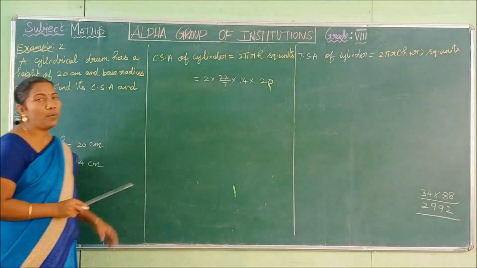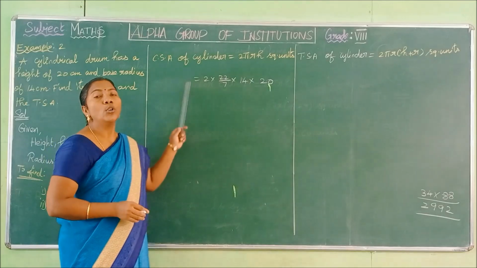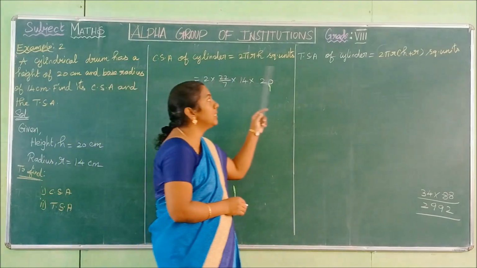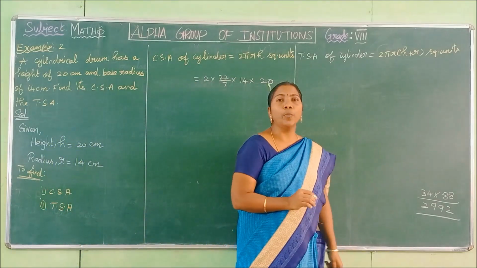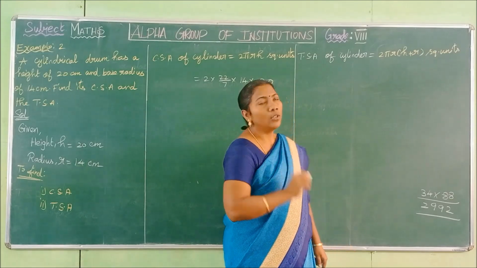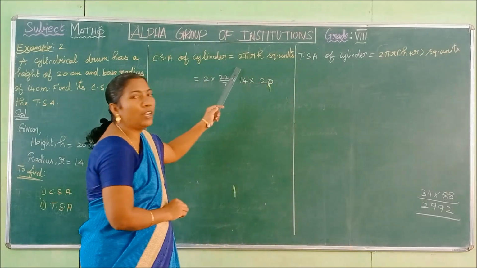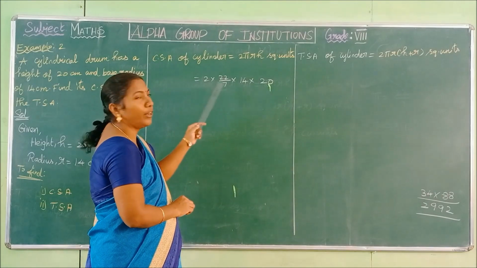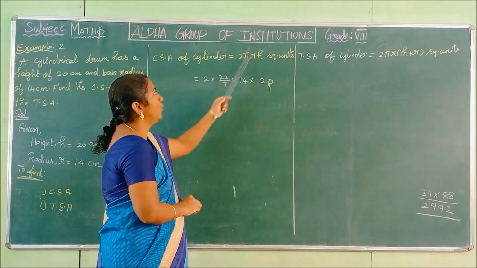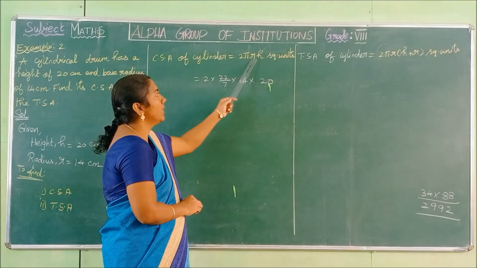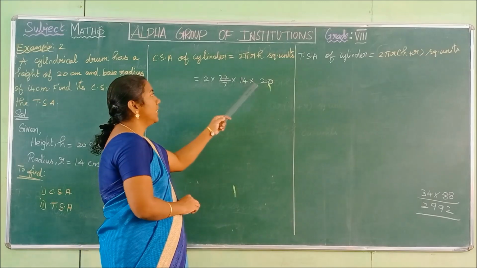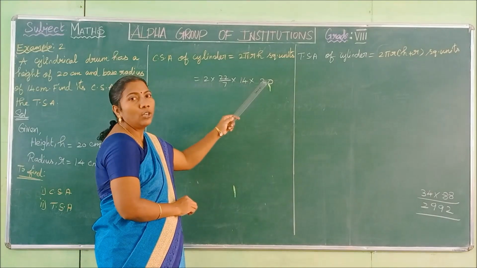You know already the formula: CSA of cylinder equal to 2 pi r h square units and TSA of cylinder equal to 2 pi r into h plus r square units. So first you have to write down the formula. Next we are going to substitute the value 2 into 22 by 7 into what is the value of r? 14 centimeter, and what is the value of h? 20 centimeter.